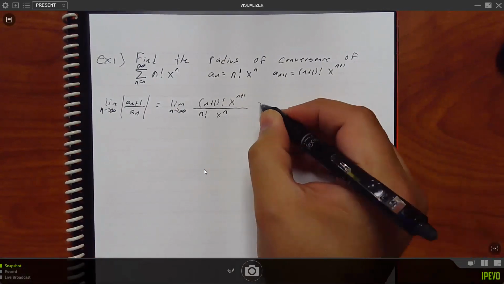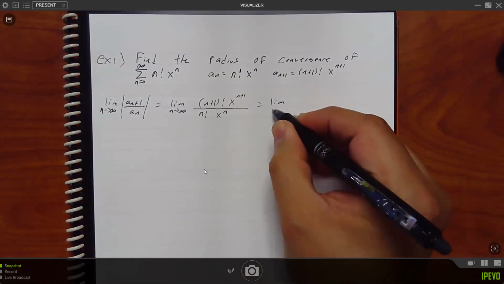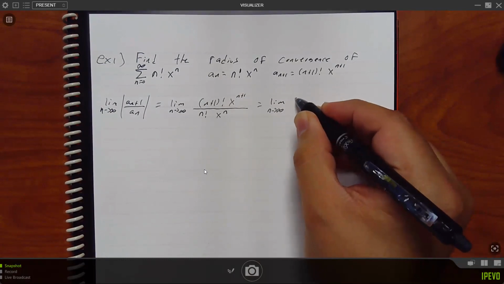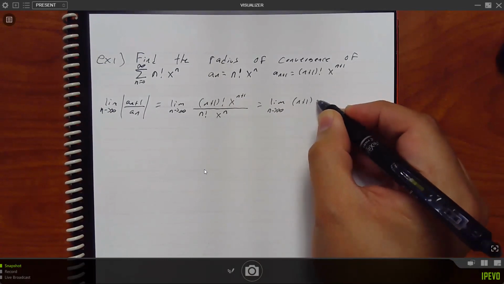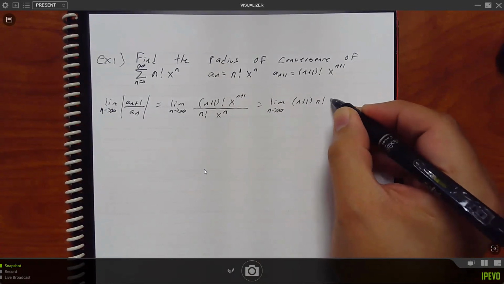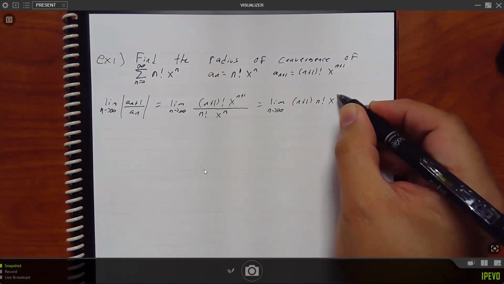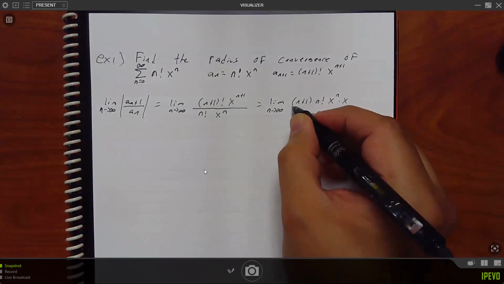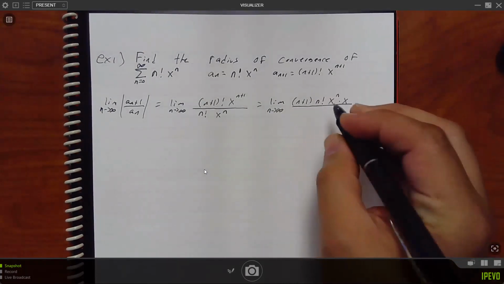So let's do some algebra. This will be the same as saying (n plus 1) times n factorial. I'm going to break a piece out here of x to the n times x, right? That's the same as x to the n plus 1. Now I can cancel these terms.